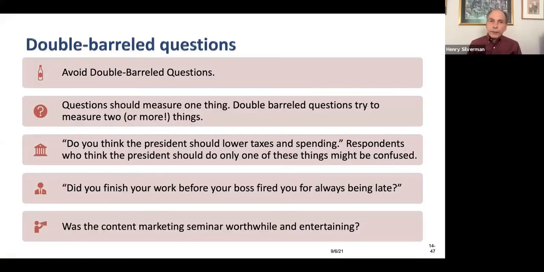Double-barrel questions you want to avoid. Questions should only measure one thing. Double-barrel questions try to measure 2 things. For example, do you think the president should lower taxes and spending? That's a double-barrel question, and respondents will get confused, and they may think, well, lower taxes, but don't increase spending.